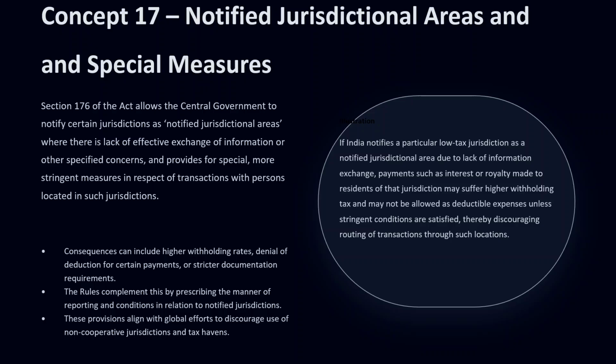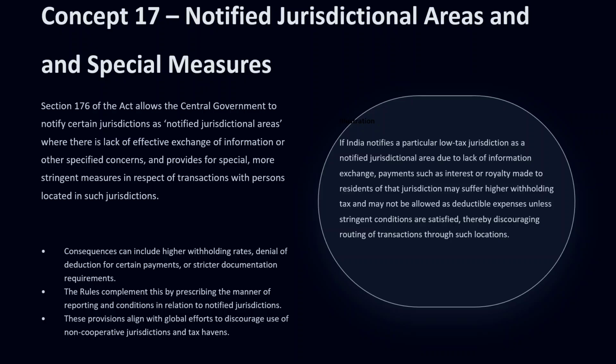So these measures may include higher withholding tax rates on payments, such as interest, royalty, FTS, to the residents of such jurisdictions, and it may also include the outright denial of deduction for specified payments unless additional conditions are met.